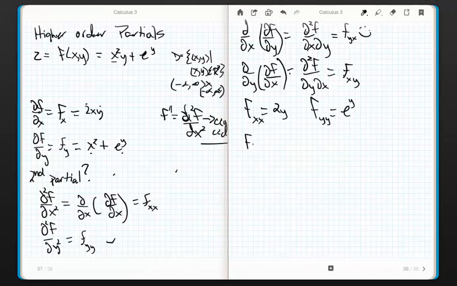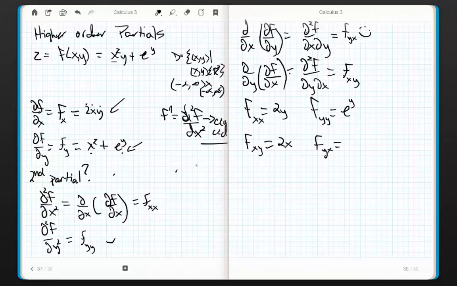Now here's where it gets a little crazy. You ready? We're going to do x, y first. So notice I start with the partial of x first. That's this one right here. And then I take the partial with respect to y. As far as y is concerned, gone, constant, constant. So I end up with a 2x. And now I'm going to take this guy with respect to x. We'll see what happens. Start with the first partial.